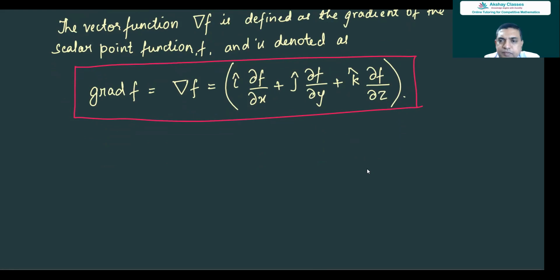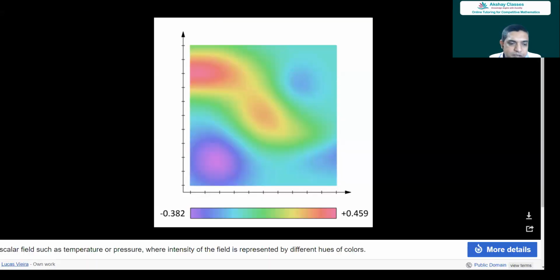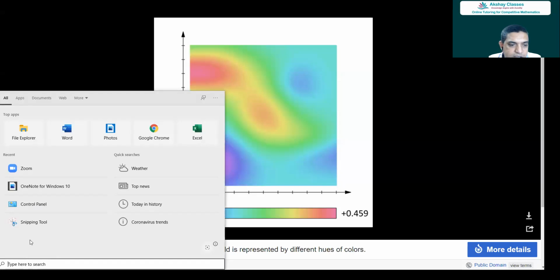Now, let us take temperature in a three-dimensional space. I will take this example.